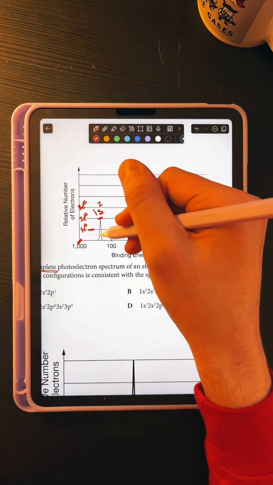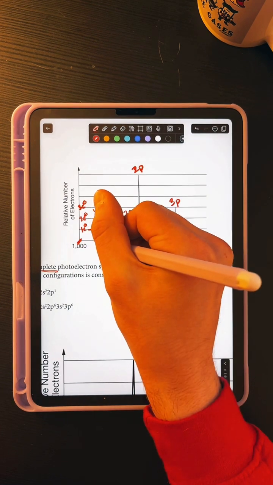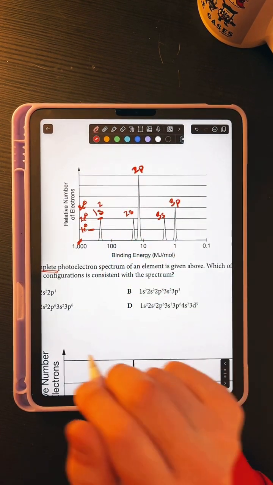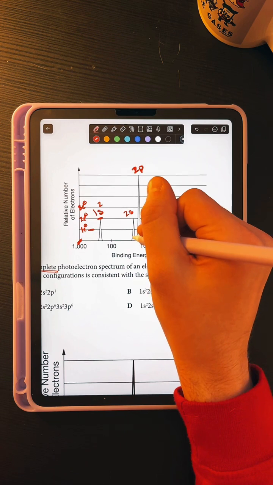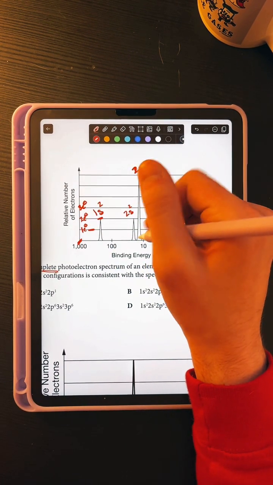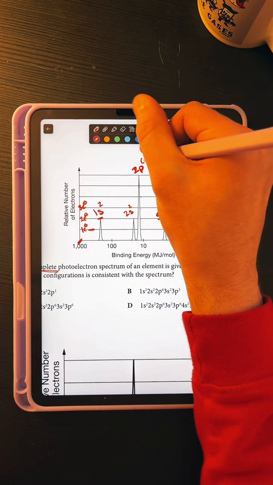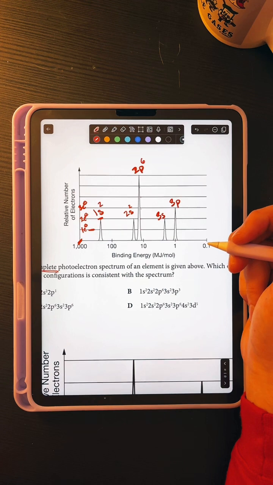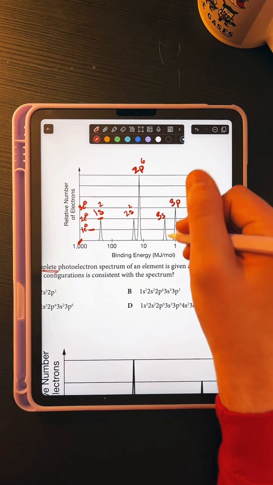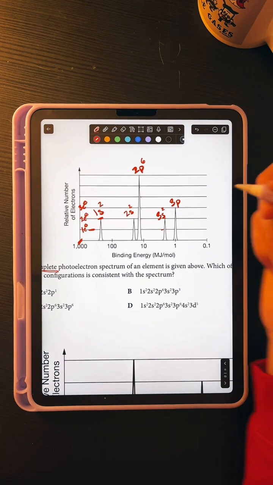If we look at this, we start with our 1s, completely filled with 2. Then 2s, again we're at the 2 line, so that's 2. 2p, 1, 2, 3, 4, 5, 6, completely filled, 2p6. 3s, we have 1 electron, 2 electrons, so that's 3s2.